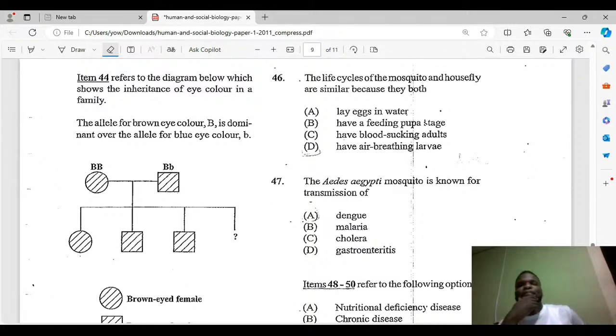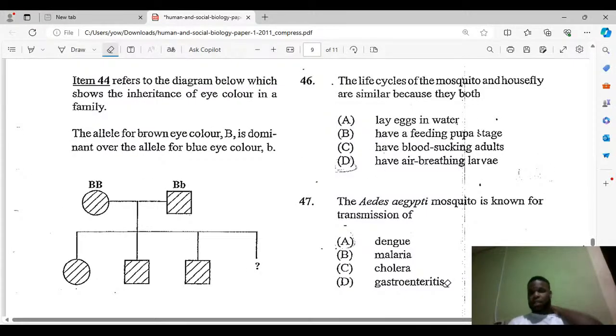Question 46: the life cycle of mosquito and horseflies are similar because they both, and this one was a bit sticky. It looks a bit sticky, but let's see what you have. So mosquito and horsefly are similar. They are similar, right? Because they both what?